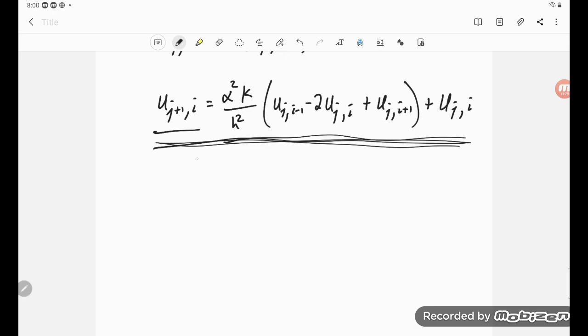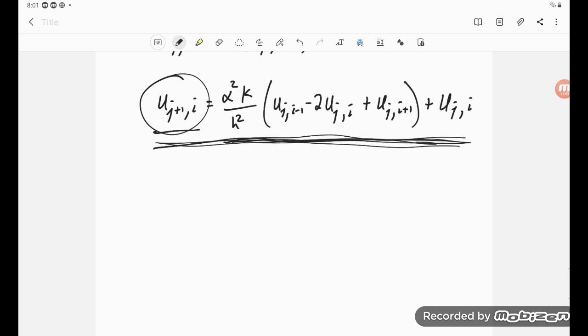Because I know everything on the right-hand side here, and so I can just explicitly tell you that value. Now I'm not going to go into numerical examples by hand here, because mostly I want you to get the idea.